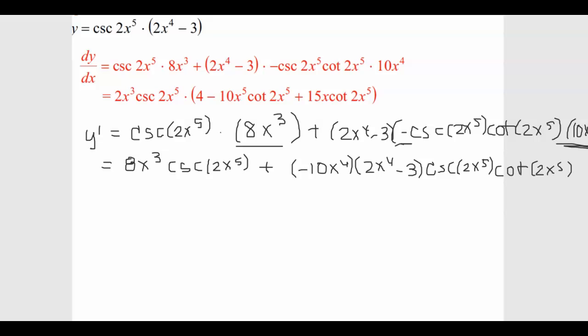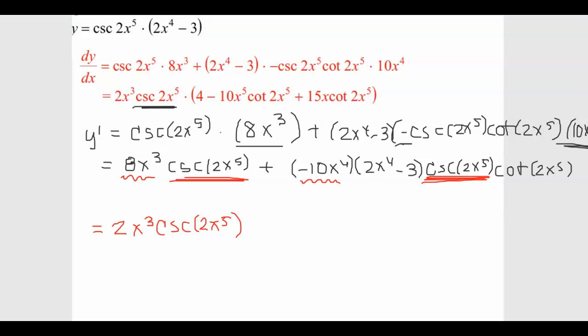And then to get to this answer here, what they did was say, oh, this has a cosecant 2x to the 5th, and this has a cosecant 2x to the 5th. So let's take that out. Oh, you have 8 and x cubed, and I have negative 10 x to the 4th. So 8 and 10 both divide by 2. Both have x cubed. We're going to bring out that cosecant 2x to the 5th.